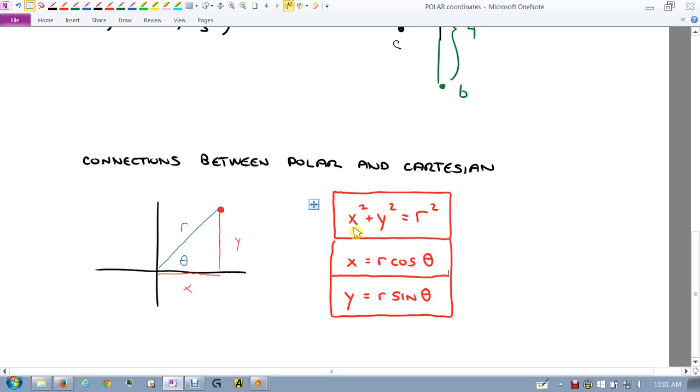So the first one was, if we know x and y, we can get r. This next one says, if we know r and theta, we can get x. And we can also get y, right? And the last thing is, can we ever get theta if we know x and y? Can we ever determine this angle if we know what the x and the y coordinates are? Well, the relationship between theta and y and x is tangent of theta is y over x, isn't it?